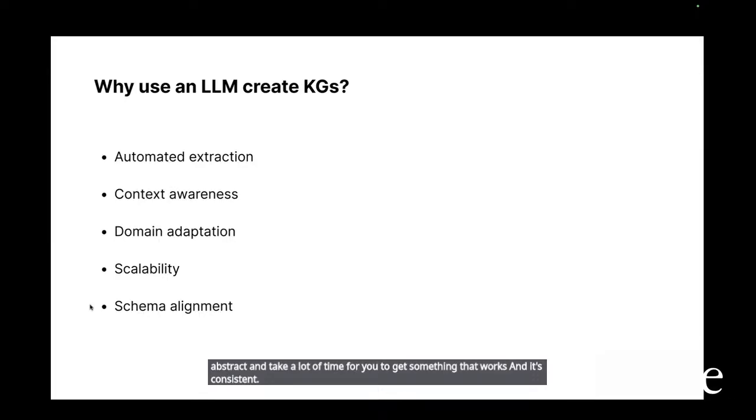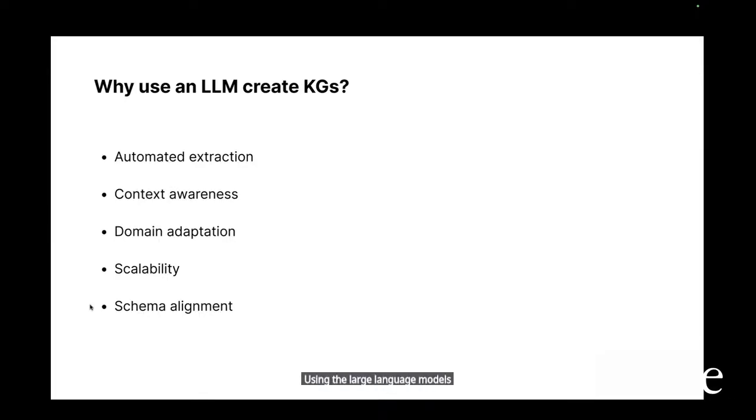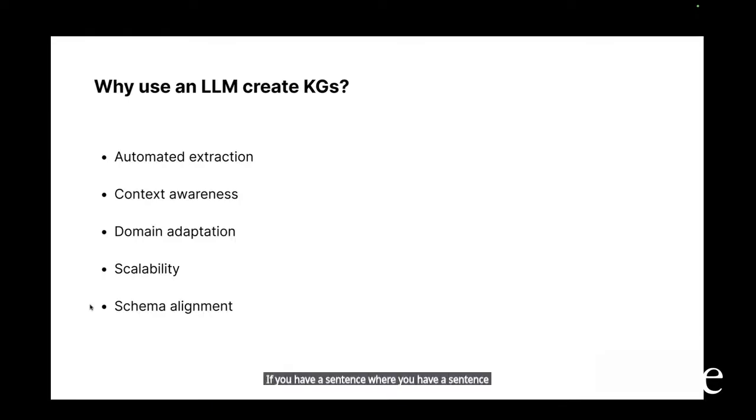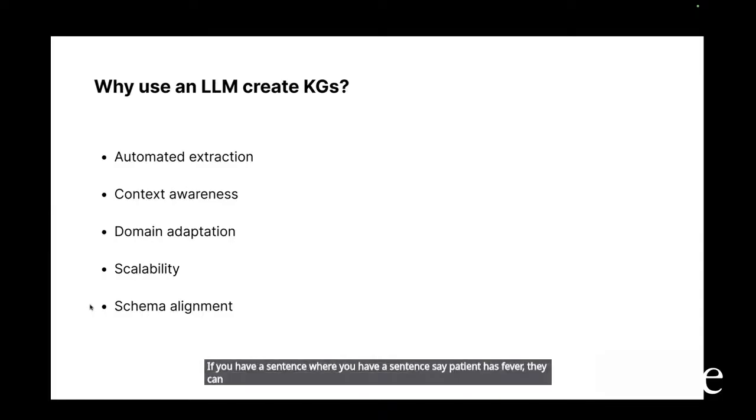Using large language models can actually help you, because they are really good at doing automated tasks, right? They are a machine. They are able to understand context, because they were trained on human language. If you have a sentence like "patient has fever," they can understand that fever is a thing, patient is another thing, and the association between them is that the patient has fever.